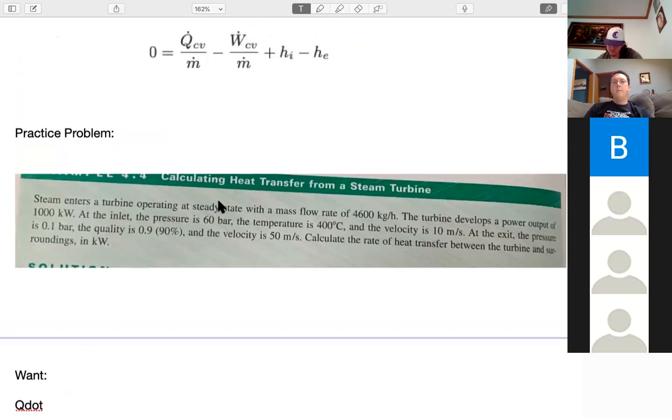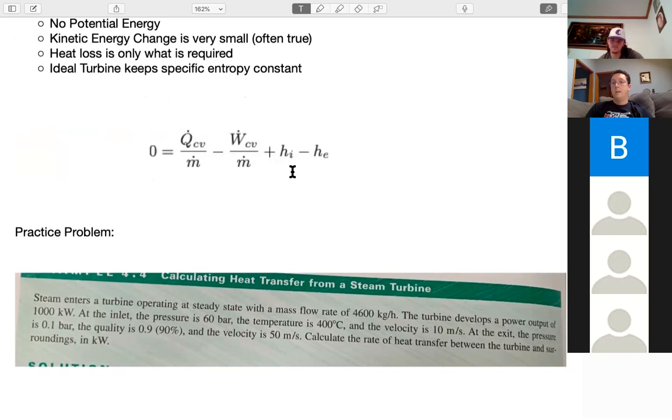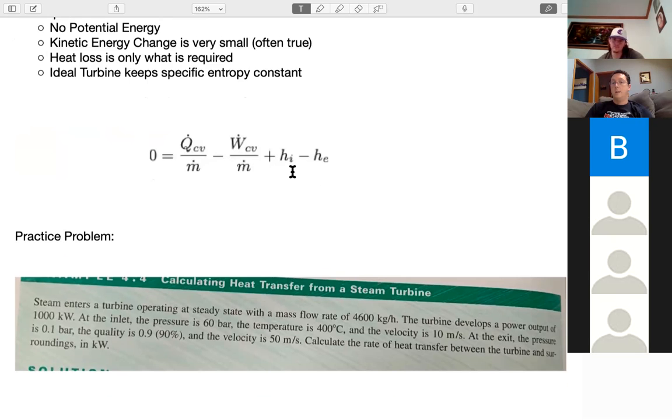Now, there's one other thing. When I use this equation, is this the full equation, or have I made assumptions to get to this point? Tell me. Made assumptions. What assumptions, what did I drop to get to here? Kinetic energy.